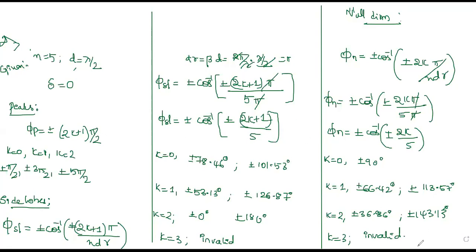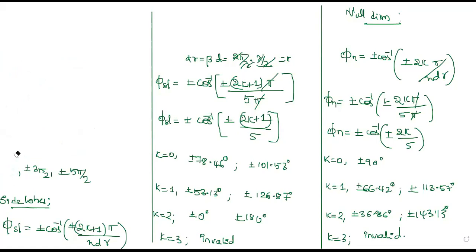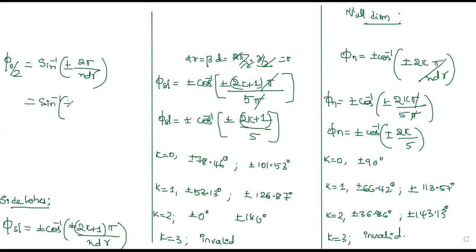Now we'll just take out the first null beam width and half power point. So phi naught by 2, the half power point direction, is directly sine inverse of plus or minus 2 pi by N d r, which is equal to sine inverse of plus or minus 2 pi by 5 pi.